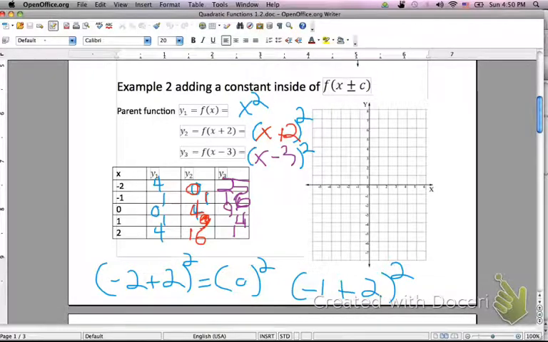Okay, so now I just want to graph these. I'm going to go a little faster this time. Okay, so just doing my points. For the red one, we'll get negative 2 as 0.